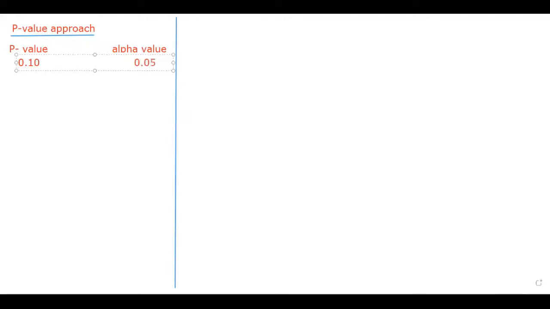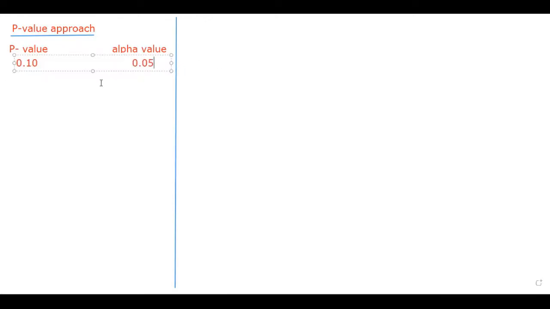0.05. Don't divide it because it's a two-tailed test. On the table, we have two-tailed test and one tail. So don't divide the alpha to be 0.025. No. Leave it as it is if you use the table under this research method. But if you use the table we used last semester, you have to divide it, and if you divide it, you are going to get the same thing.